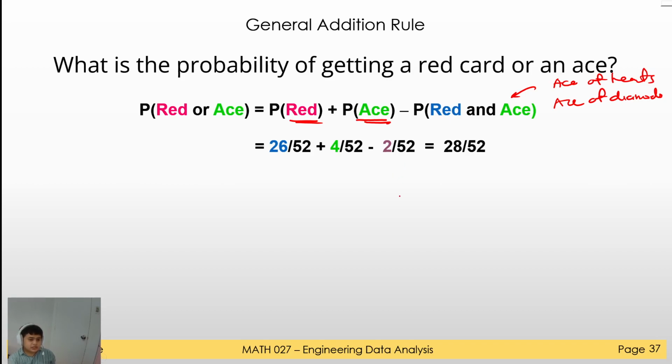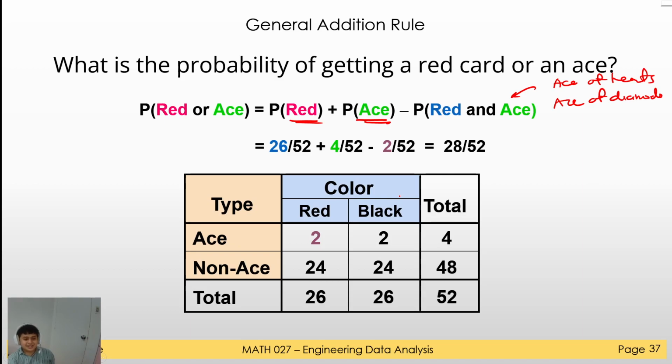And if you visualize this using a contingency table, the sum of the red cards is this. So we have 26, so 2 plus 24. And then for the ace cards, we have 2 plus 2, which is 4 in total. So 2 red cards, 2 black ace cards. And then the intersection, as you can see here, is the 2 cards.